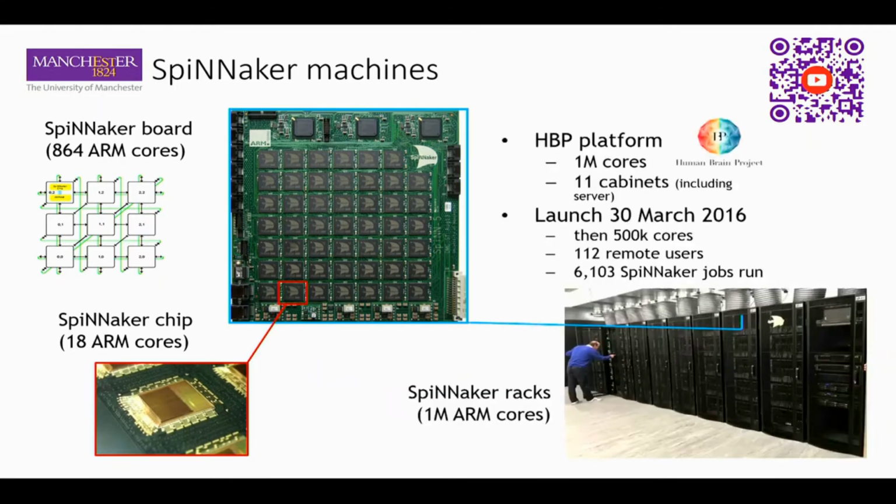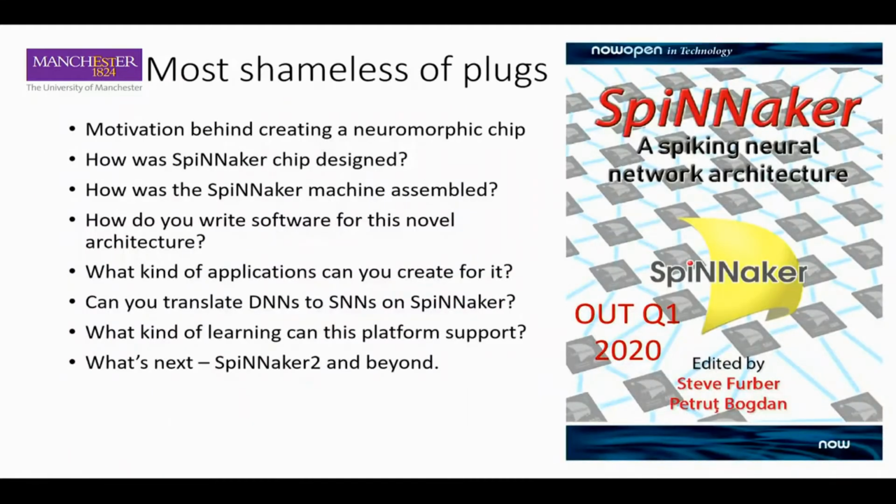And then you can assemble them into a 1,000,000-core machine that we have as of November last year, but the platform has been operational through the HBP Collaboratory since the 30th of March in 2016, when only half of the machine was built.